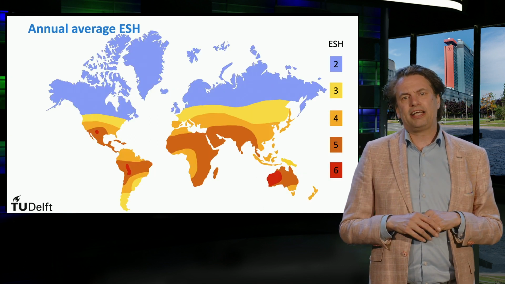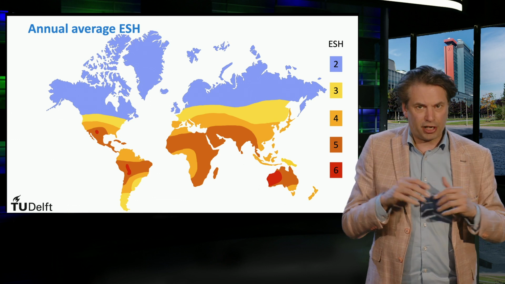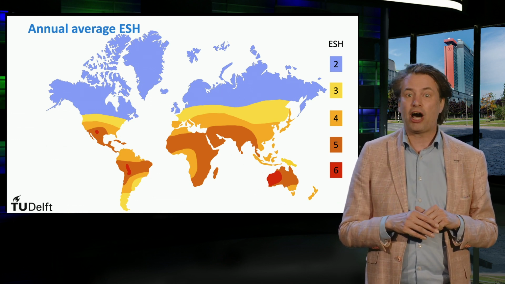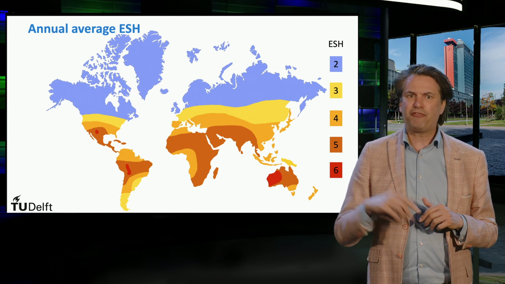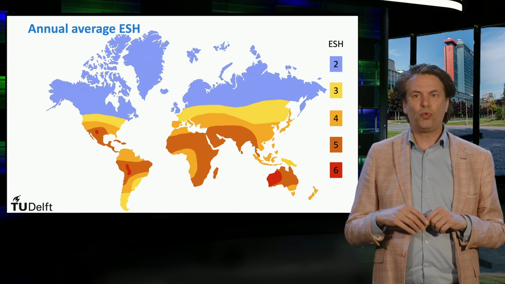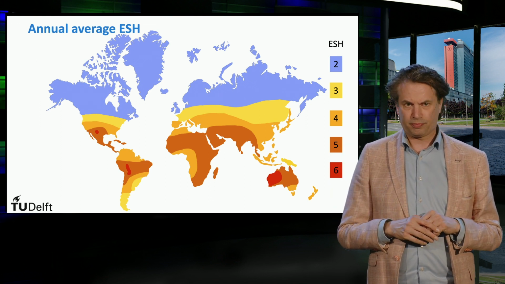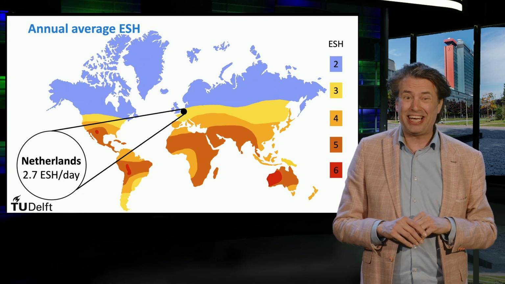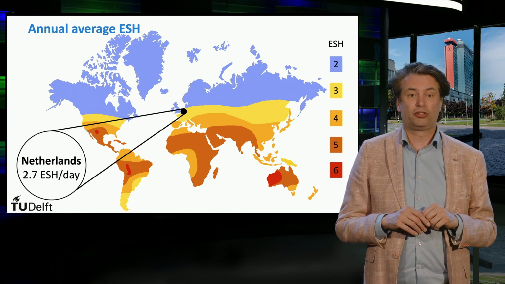In the last slide, the insolation in terms of annual average equivalent sun hours is shown, expressed in equivalent sun hours per day. 5 regions can be distinguished and are highlighted with these different colors. For instance, in the Netherlands, the annual average equivalent sun hours per day is 2.7 hours.